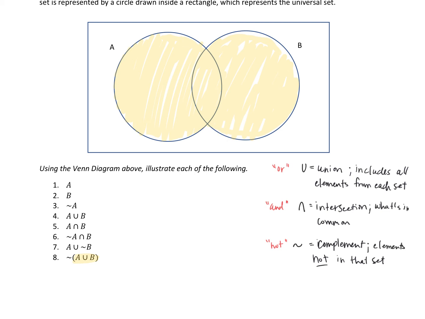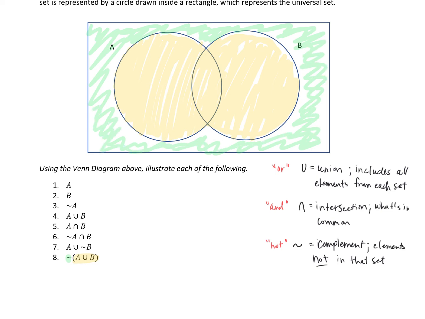Now I have to say, well, what's the complement of that? What's the complement of that? So what is not yellow? Well, that would be everything out here. So it's basically the universe, right? The universal set minus what's in the circles. So the answer to this would just be what's shaded in green.